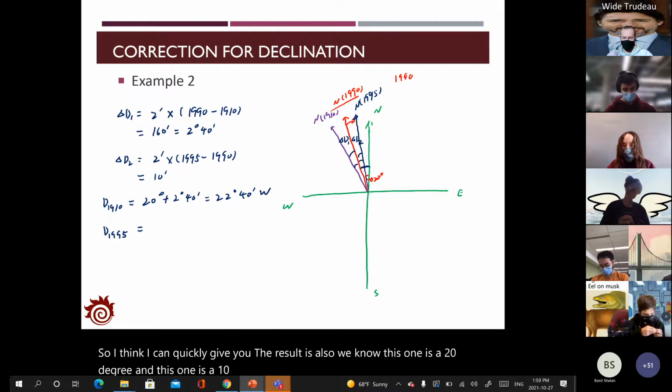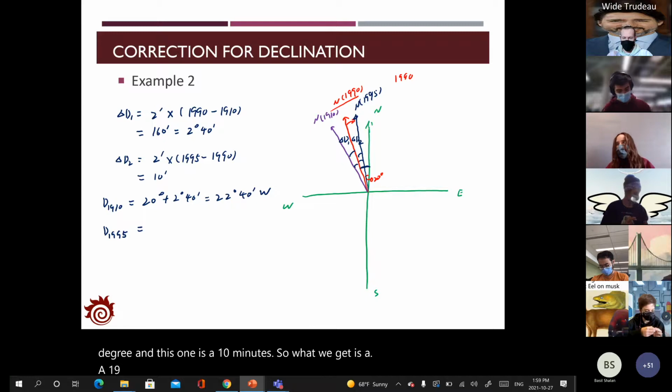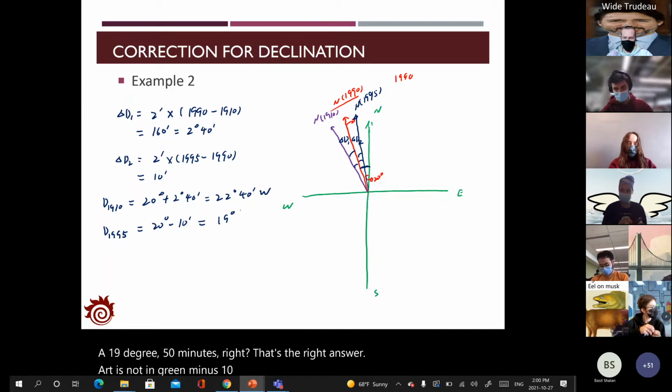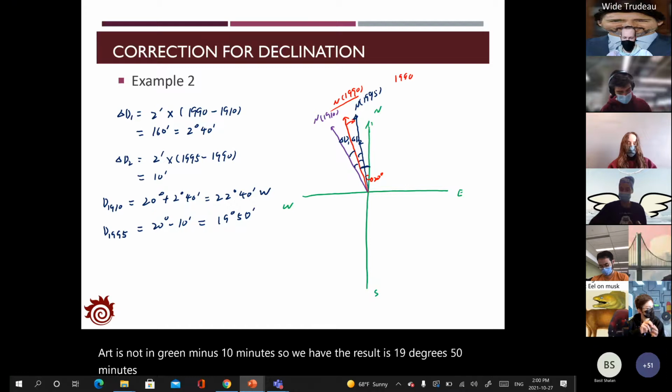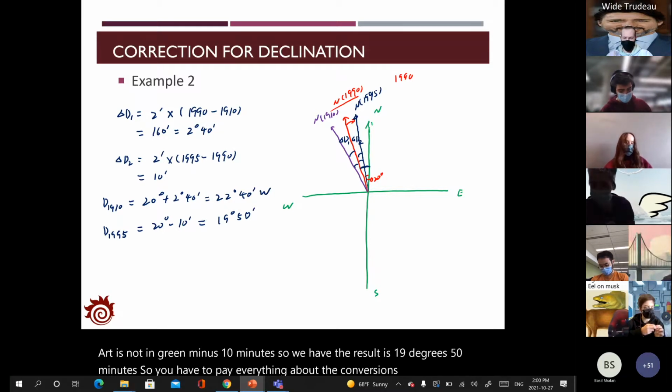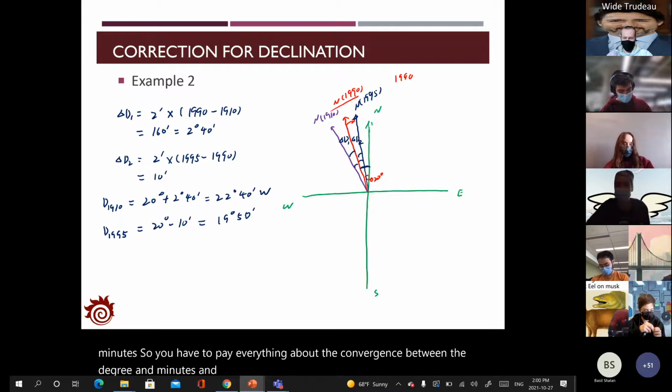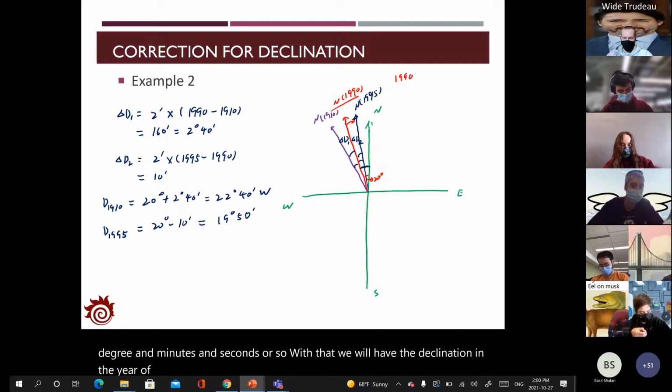So what we get is 19 degrees 50 minutes. Right, that's the right answer. It's 20 degrees minus 10 minutes, so we have the result as 19 degrees 50 minutes. So you have to pay attention to the conversions between degrees, minutes and seconds. So with that, we will have the declination in the years 1910 and 1995.